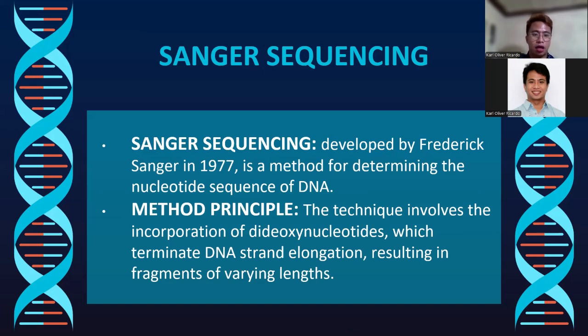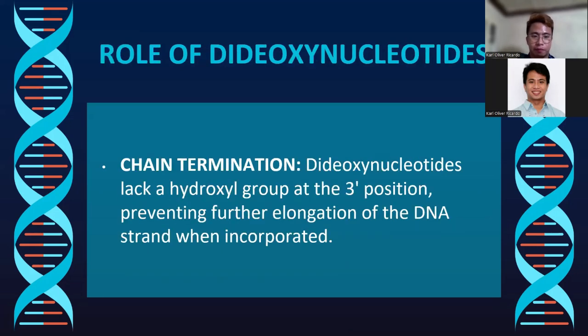And then fragments form. The results are DNA fragments of different lengths, each terminating at a specific nucleotide, which can now be analyzed and sequenced. Okay? Resulting in fragments of varying lengths.